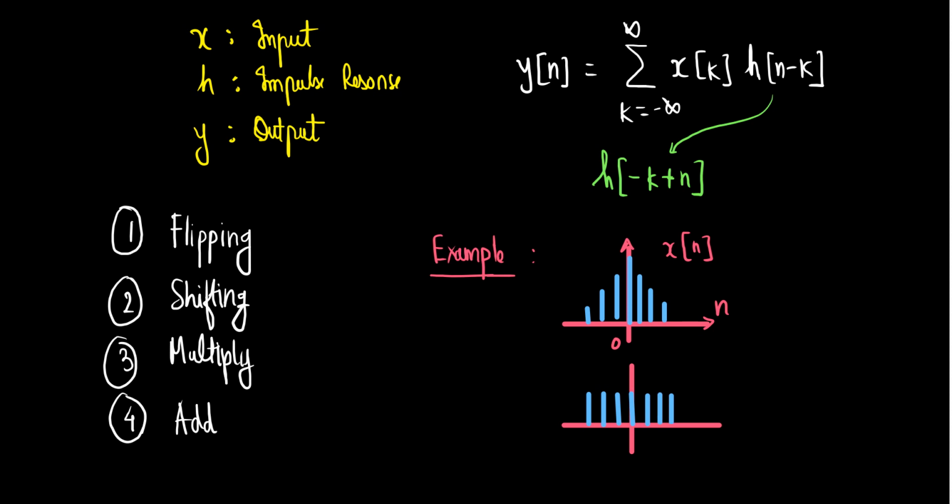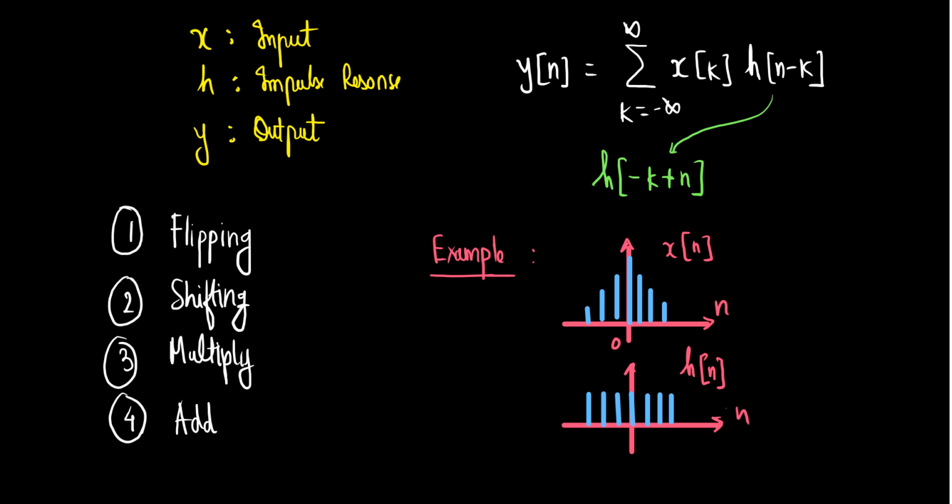Now consider these two signals. This signal I'm calling h of n. Further we are going to see that it doesn't matter whether x or h, as long as you flip either of these signals. Now let's consider this signal.